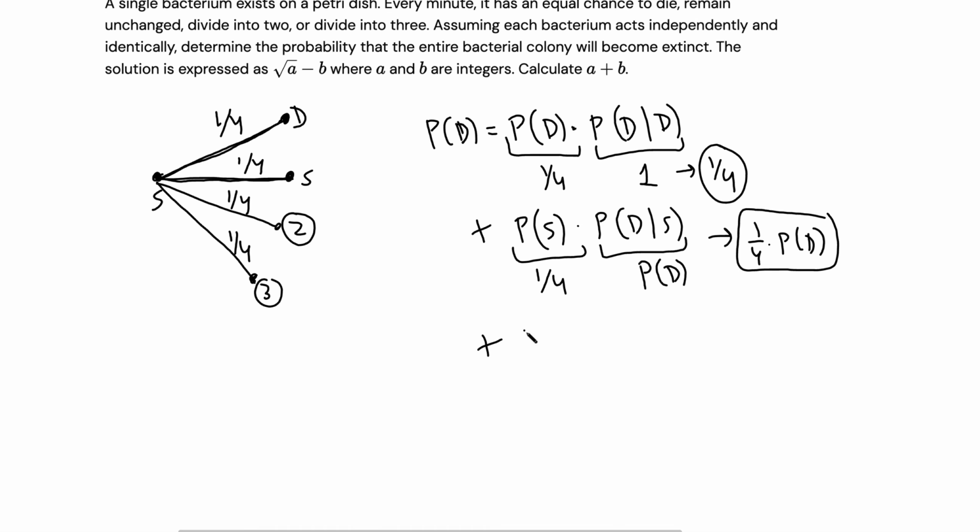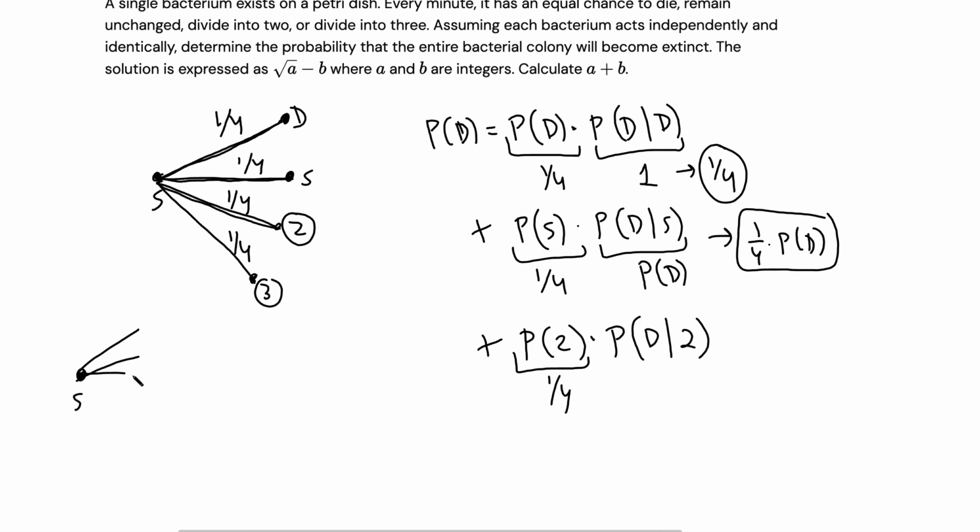We can add this with the probability that it goes down the 2 path times the probability that it dies given it went down this path. The probability that it goes down the 2 path is 1/4, as we see in the tree. But what about the probability that it all dies given it went down this path? Well, if it went down this path, we now have 2 colonies, each at the starting state, and we want both of these colonies to die.